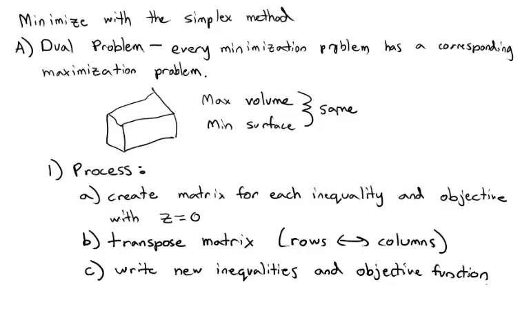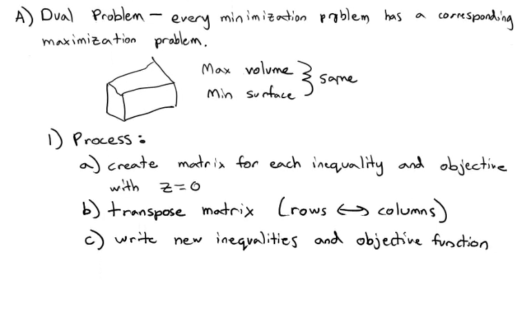And this will represent the problem that wants to be maximized. That will have the same solution as the corresponding minimization problem. These are called duals. Both seem like two different problems, but both have the exact same solution. One's a maximum, one's a minimum, but it's the same solution at the same point for both problems.